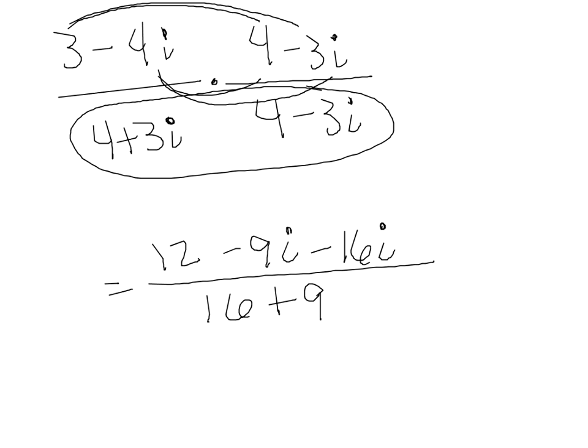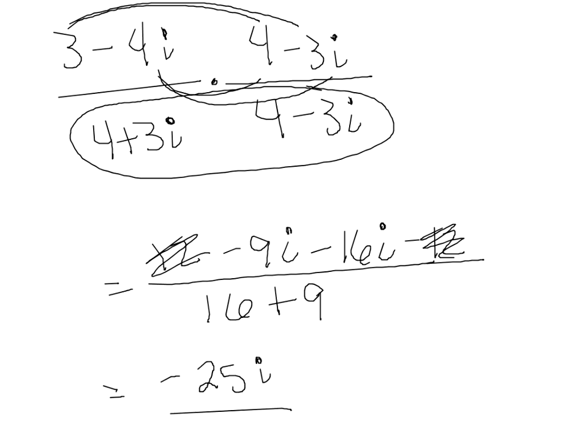And then minus 4 times minus 3 is plus 12i squared. So it becomes minus 12. And so that cancels. And I get minus 9 minus 16 is minus 25i divided by 25. So the result is minus i.